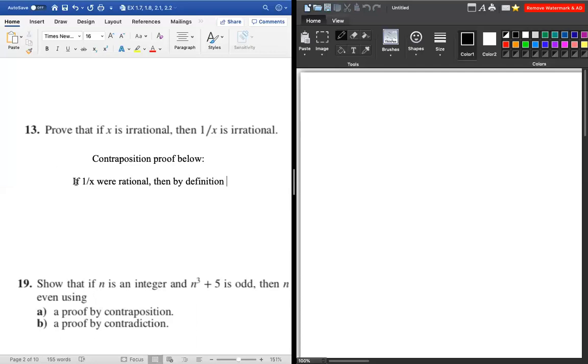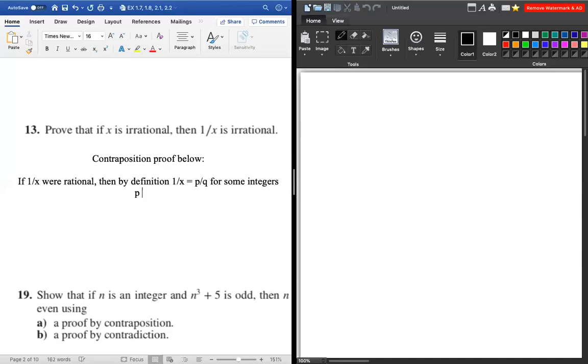So we assume that if this is rational, then by definition, 1 over x equals p over q, for some integers p and q, and q must not be equal to 0.